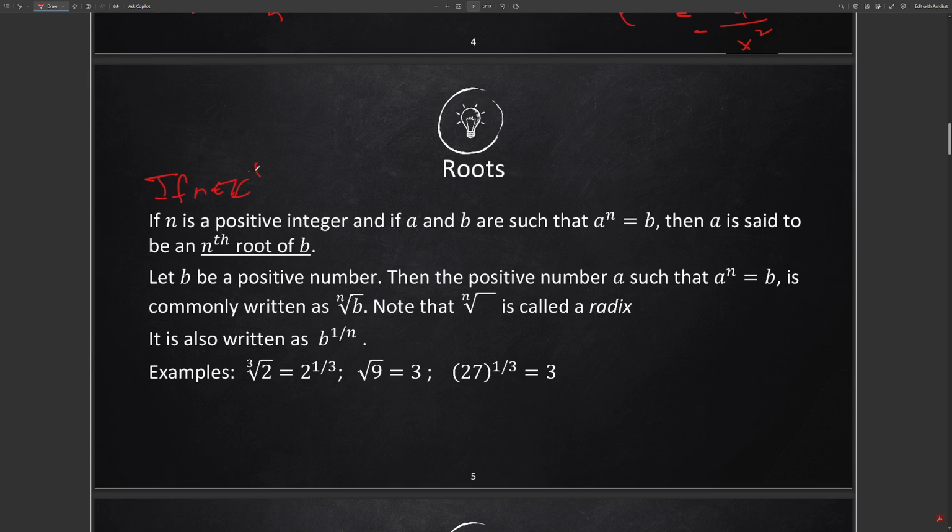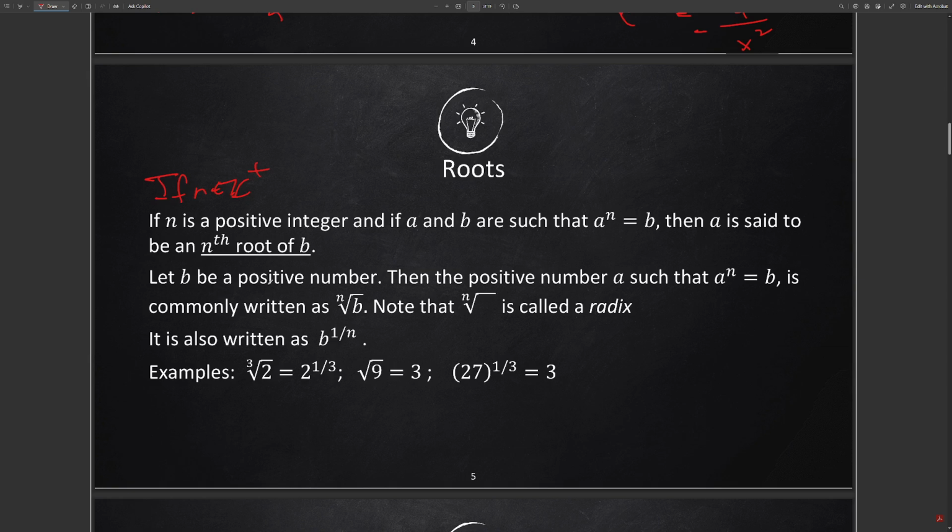If n is a positive integer, and if a and b are such that a to the power of n is equal to b, then a, which is our base, remember, is said to be an nth root of b. So I said we'll use this terminology more, because hardly ever in the questions do we use powers of 2 or 3, like a squared or b squared. We use more like 4, 5, and 6, etc.